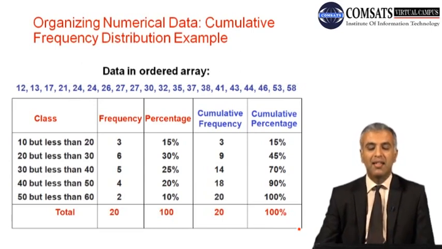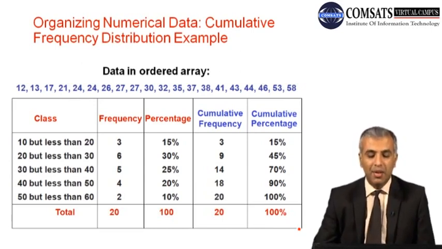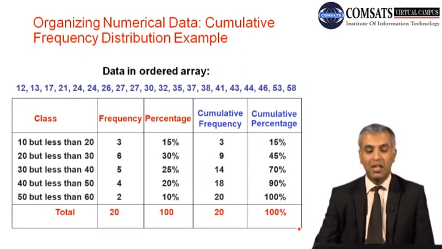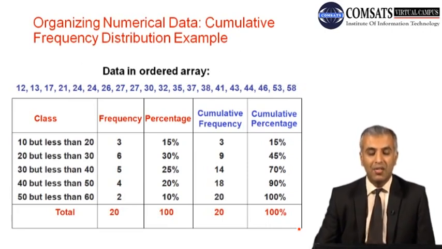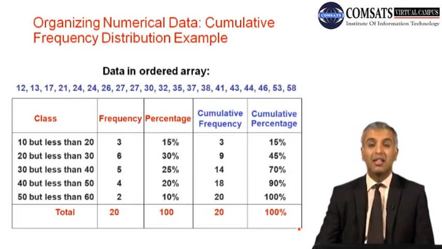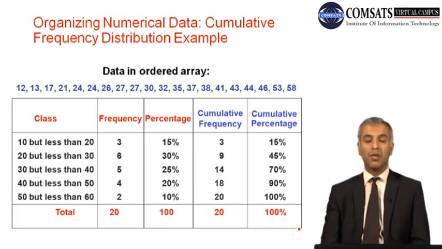Now we come to the concept of cumulative frequency or cumulative percentage. Here the cumulative frequency gives us the cumulation of all the frequencies. You can see the first one is 3, then for the second class we added 3 with 6 to make it 9. Then in the third class we added 5 with 9 to make it 14.